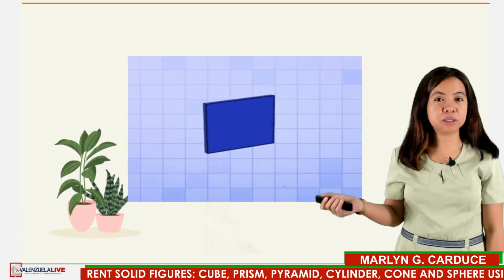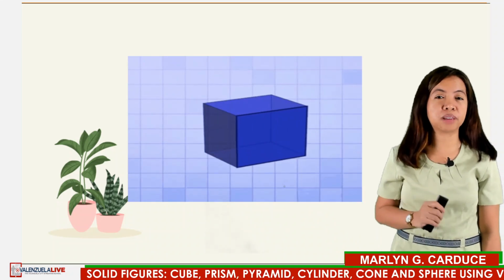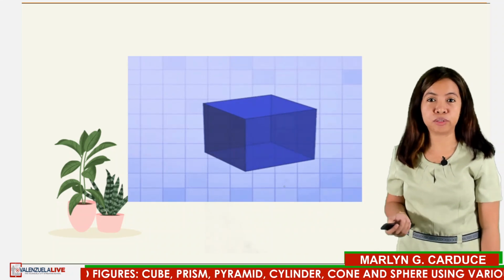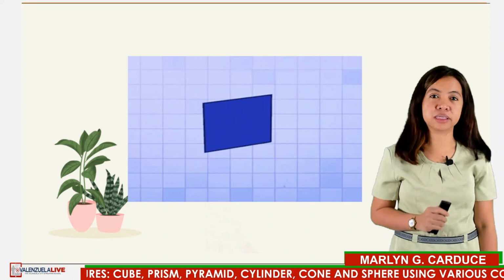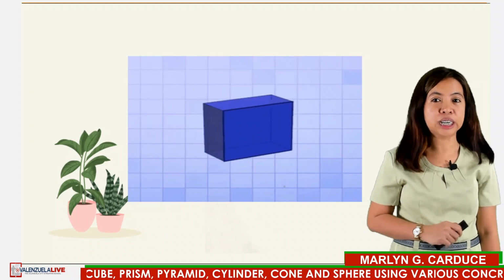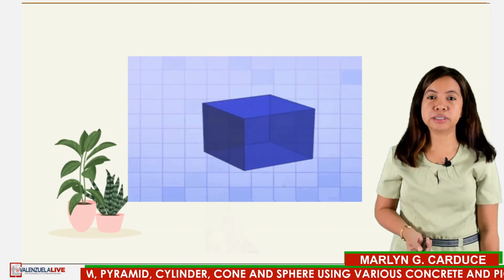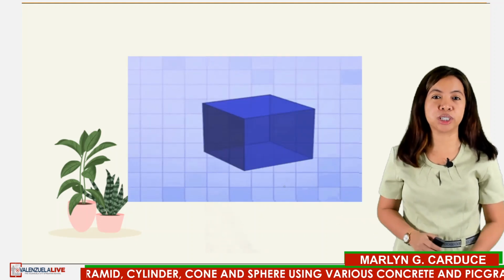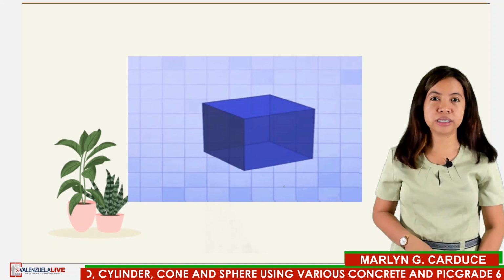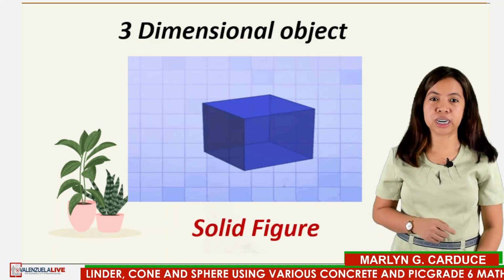Now, imagine that we take this two-dimensional figure and move or extend it in a direction perpendicular to its surface by a certain distance. It forms a three-dimensional figure, that's called a solid figure.